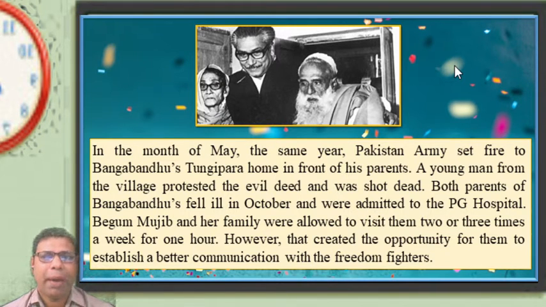Both parents of Bangabandhu fell ill in October and were admitted to the PG hospital. Begum Mujib and her family were allowed to visit them 2 or 3 times a week for an hour. However, that created the opportunity for them to establish better communication with the freedom fighters.